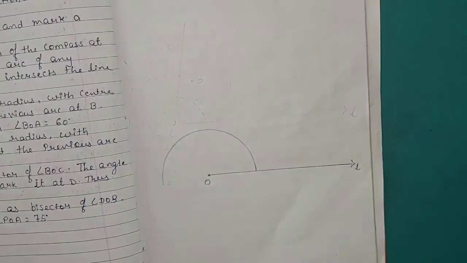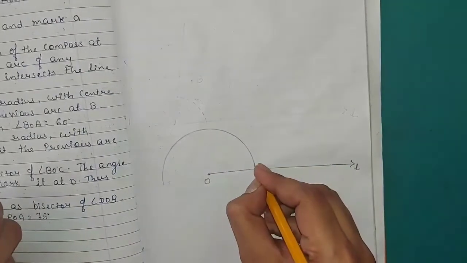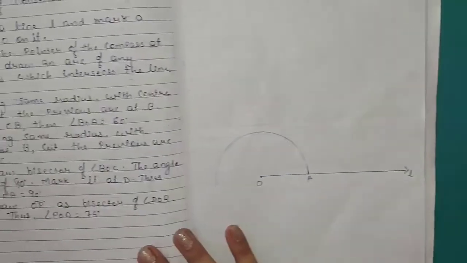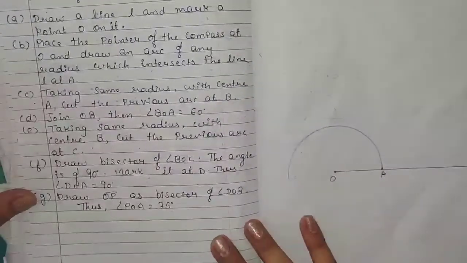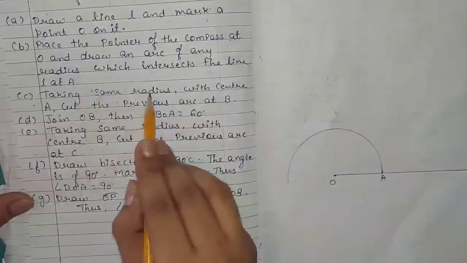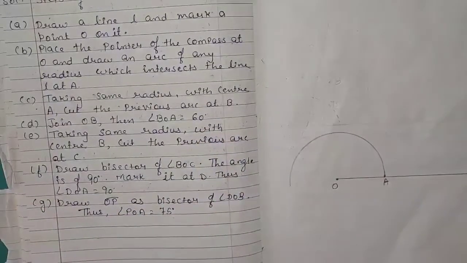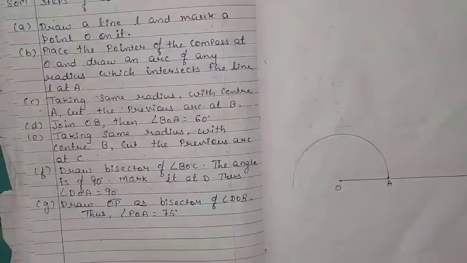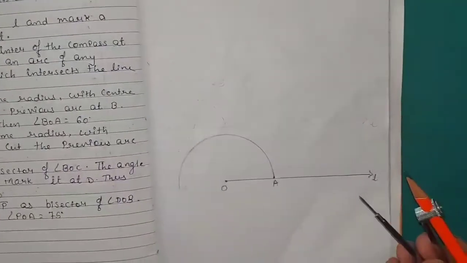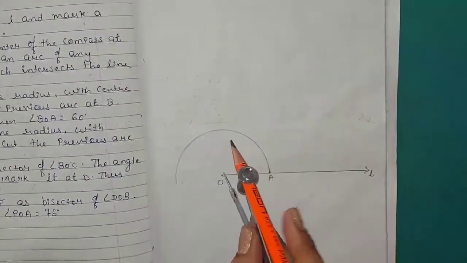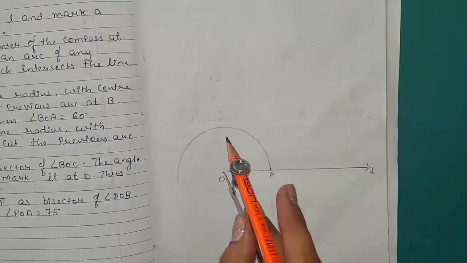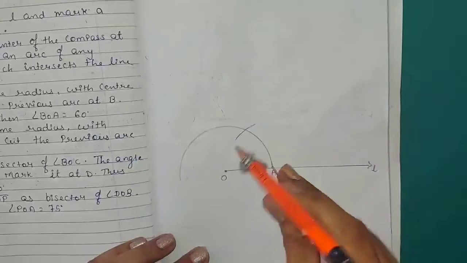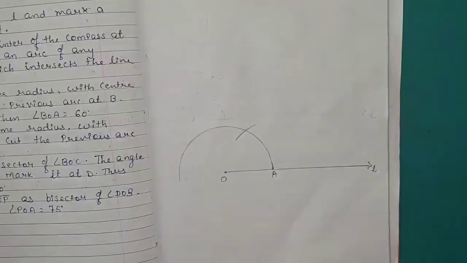Now students, it is said that mark the point where this arc cuts line L as A. So we have marked it as A. Next, taking the same radius with center A, cut the previous arc at B. So we will take the same radius and we will cut the arc here.